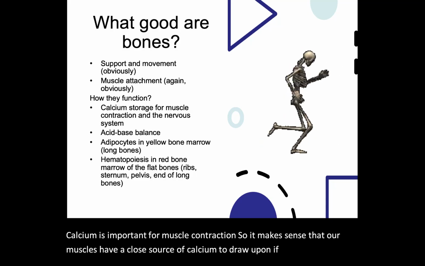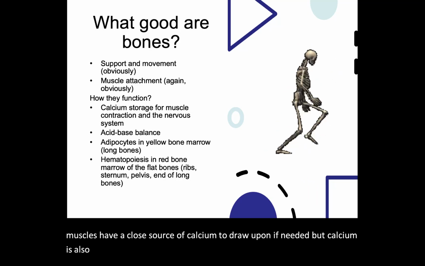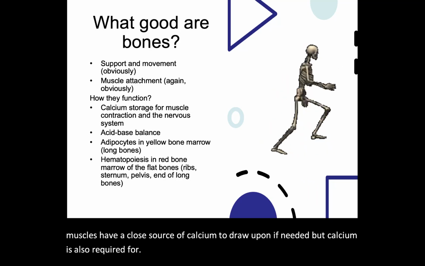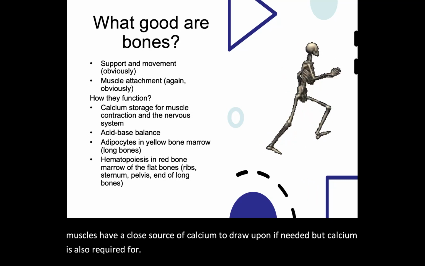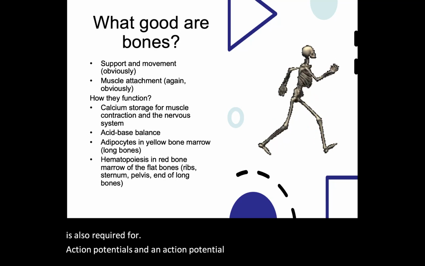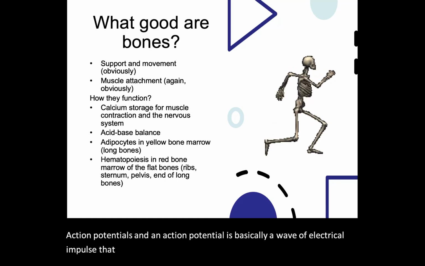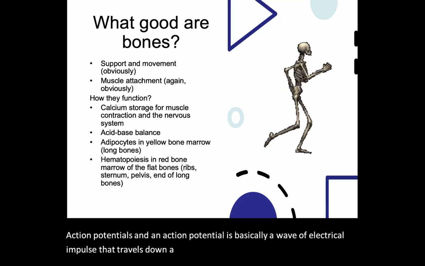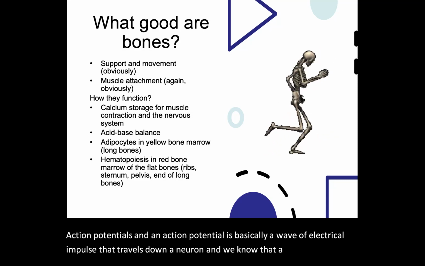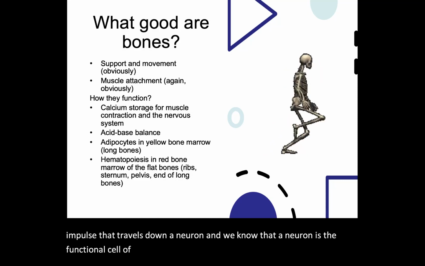But calcium is also required for action potentials. An action potential is basically a wave of electrical impulse that travels down a neuron, and we know that a neuron is the functional cell of the nervous system.